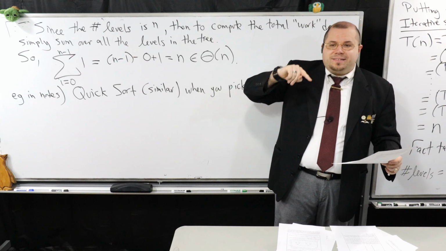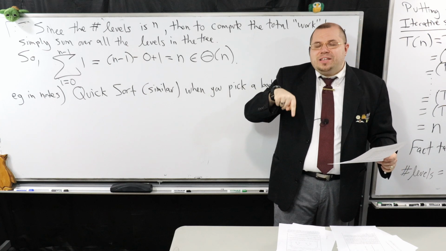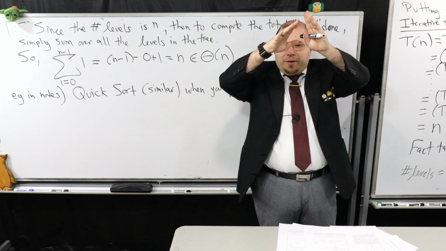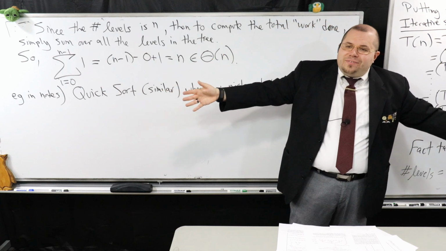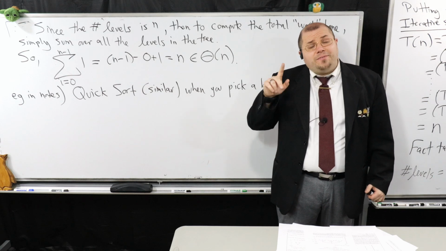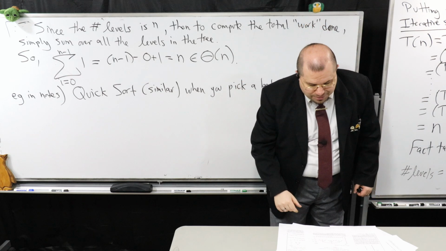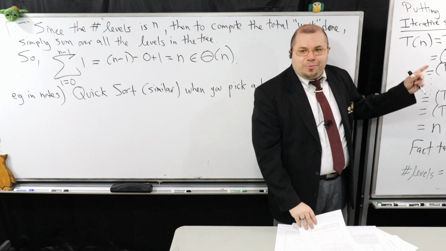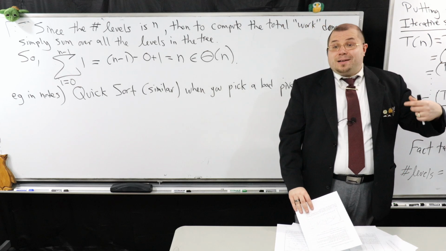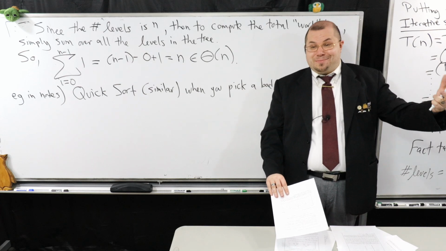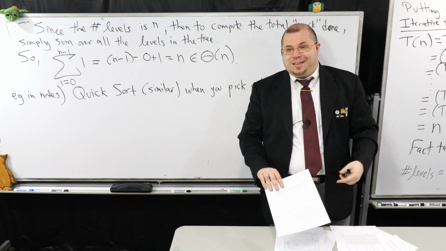And then of course, figure out what the cost is at the last level, because sometimes when we have these trees, they start growing very wide at the bottom, so the number of leaves the tree has could have a very heavy influence on the running time of the algorithm. Just like when I figured out that the last level was just a constant, you may have something a little bit bigger when it comes to the number of leaves. We just had one leaf in our tree.